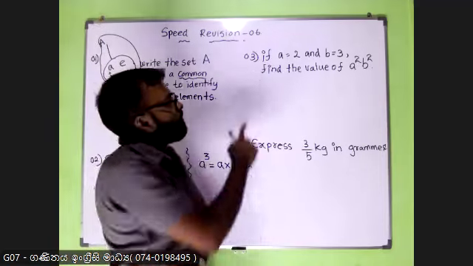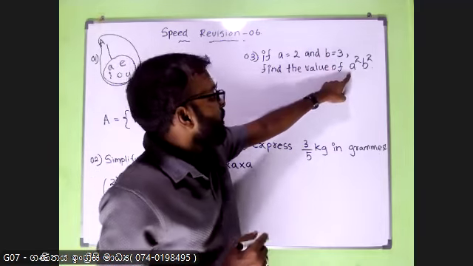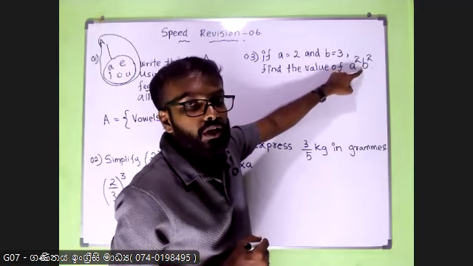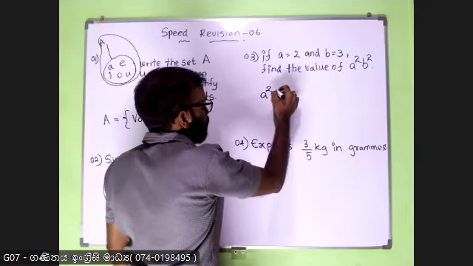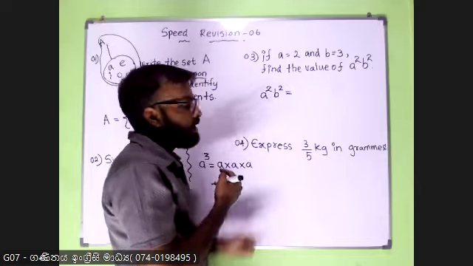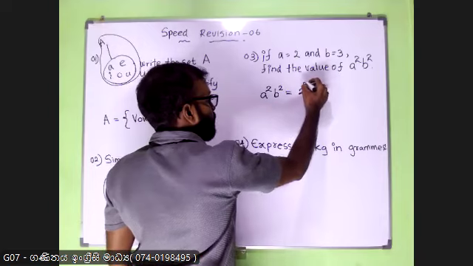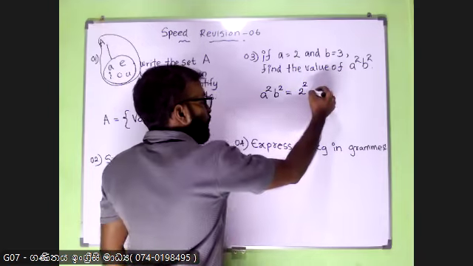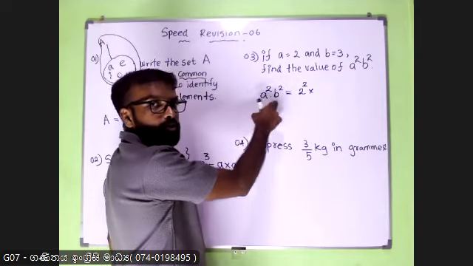If A equals 2 and B equals 3, you have to find the value of A to the power 2 times B to the power 2. How do you find it? You have to substitute. Instead of A, you substitute 2, that means 2 to the power 2, multiplied by B. There is multiplication in between these two.